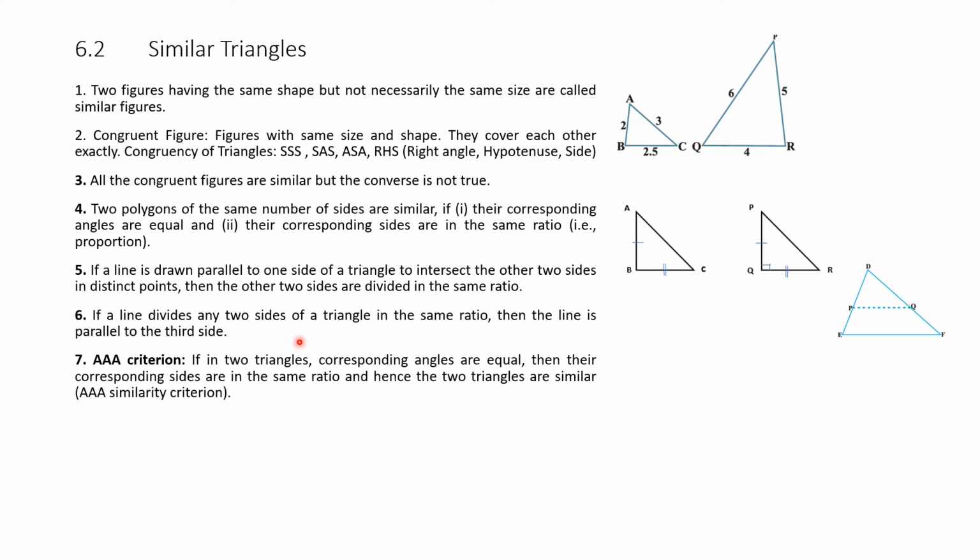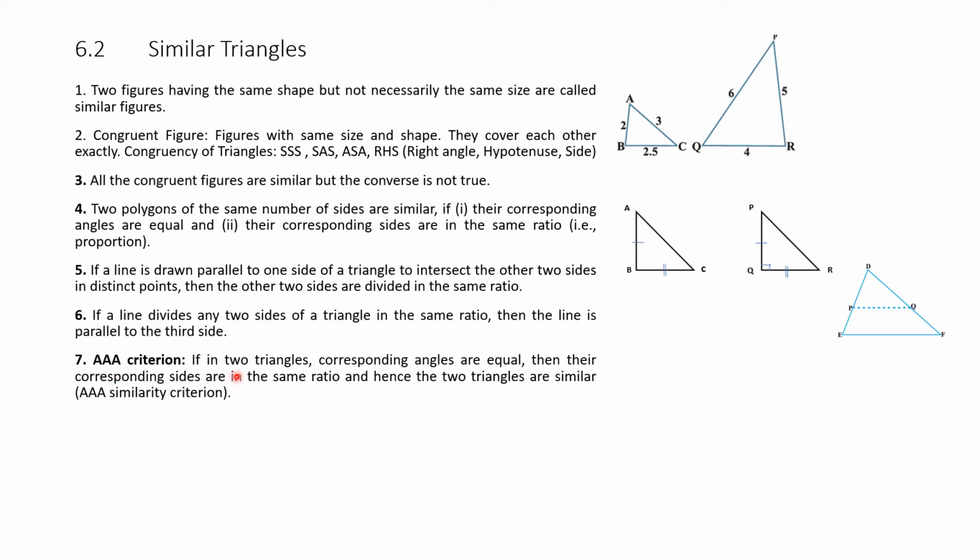Number 7. Then there are certain criteria for determining the similarity of triangles. The first criterion is AAA. The first A stands for angle, the second A stands for angle, and the third A also stands for angle. That is the angle, angle, angle criterion.